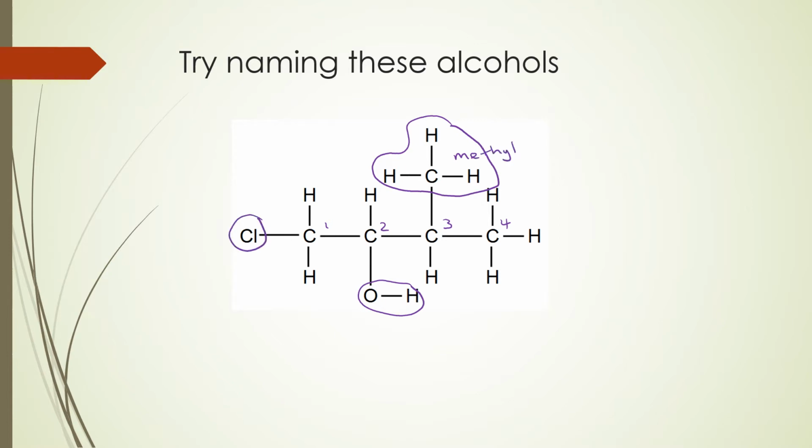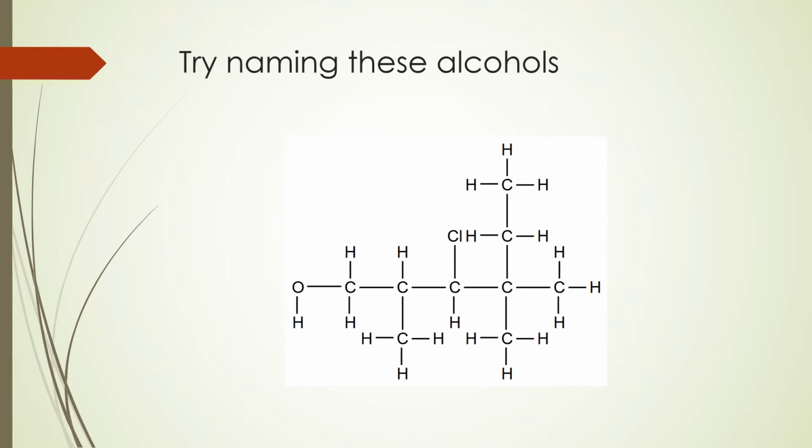So let's name it but, they're all single bonded, so butan-2-ol. We have a methyl, and it's located on carbon number 3, and we have a chloro located on carbon number 1.